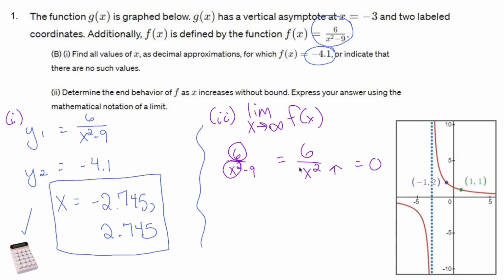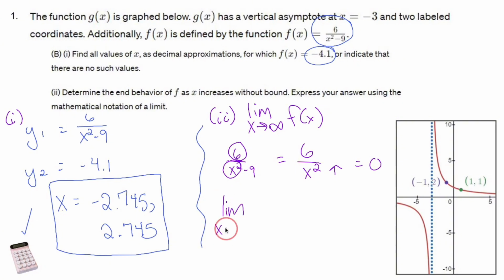And that's because if you keep plugging in numbers, like if you plug in 5, you'll get 6 over 25. That's like point something. If I were to plug in 10, you get 6 over 100. That's going to be 0.06. Plug in 1,000, plug in 10,000, plug in 1,000,000. You're going to get a really, really small number. It's never going to hit 0, but it's going to be close enough where you can finally say, you know what?